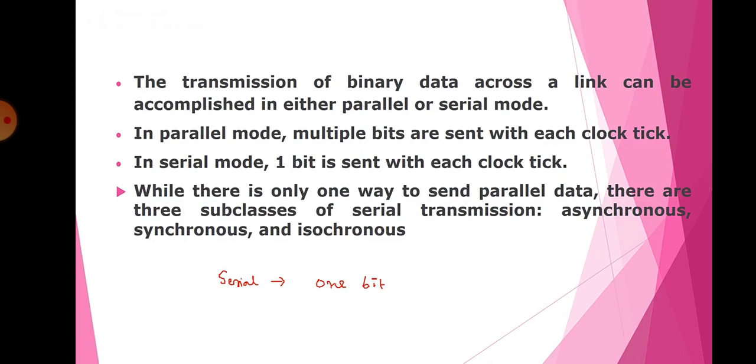But in the case of parallel mode, more than one bit, that means multiple bits, can be sent with each clock. There is only one way to send parallel data, but serial transmission can be subclassified as asynchronous serial transmission, synchronous serial transmission, and isochronous serial transmission.